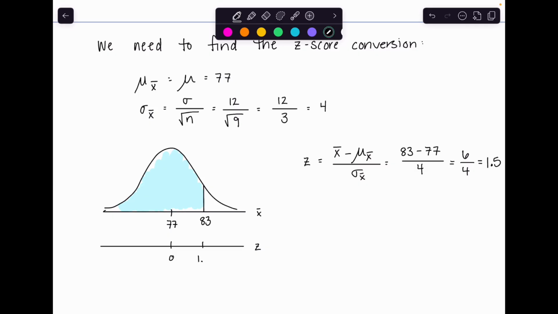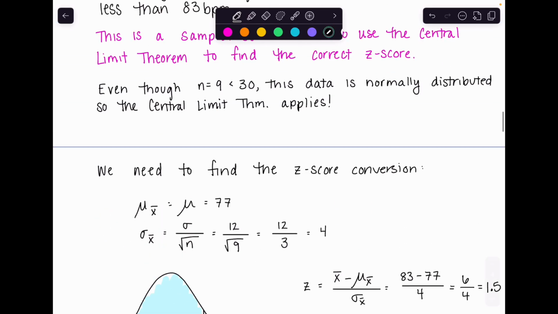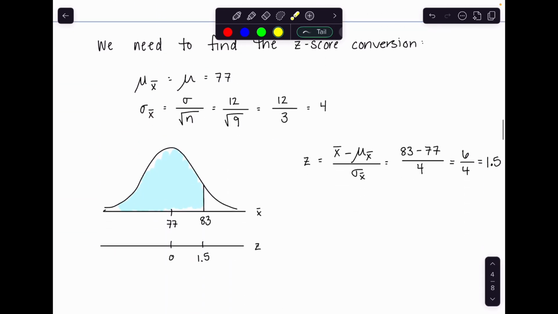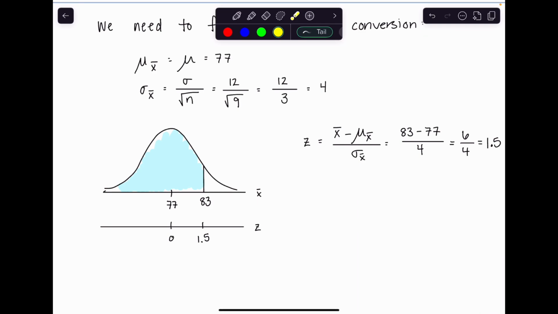So this z-score is 1.5 instead. So you can see that changes slightly, even though I was looking at the same thing. This was only 0.5 away from my mean. But now when I'm dealing with the sample, this is 1.5 standard deviations from the mean. So now I can use my z-table.